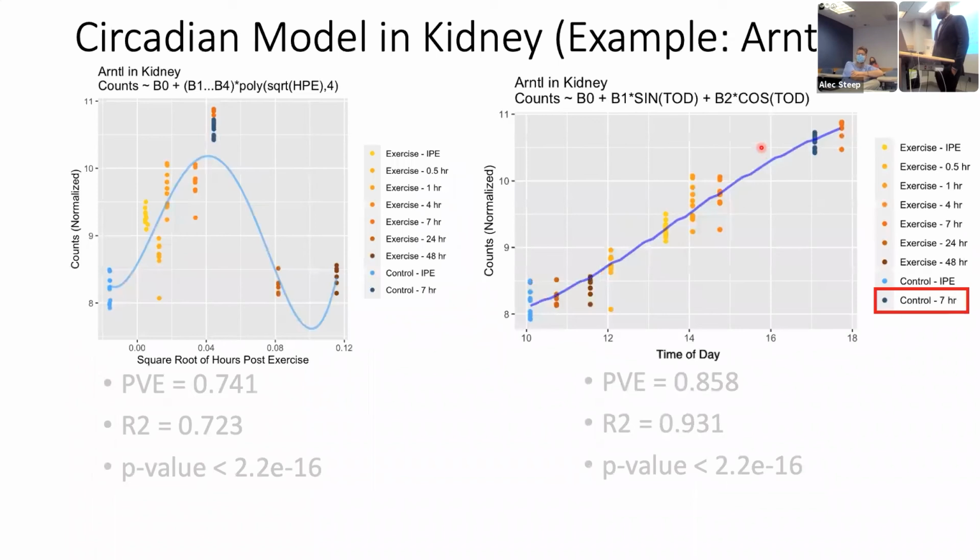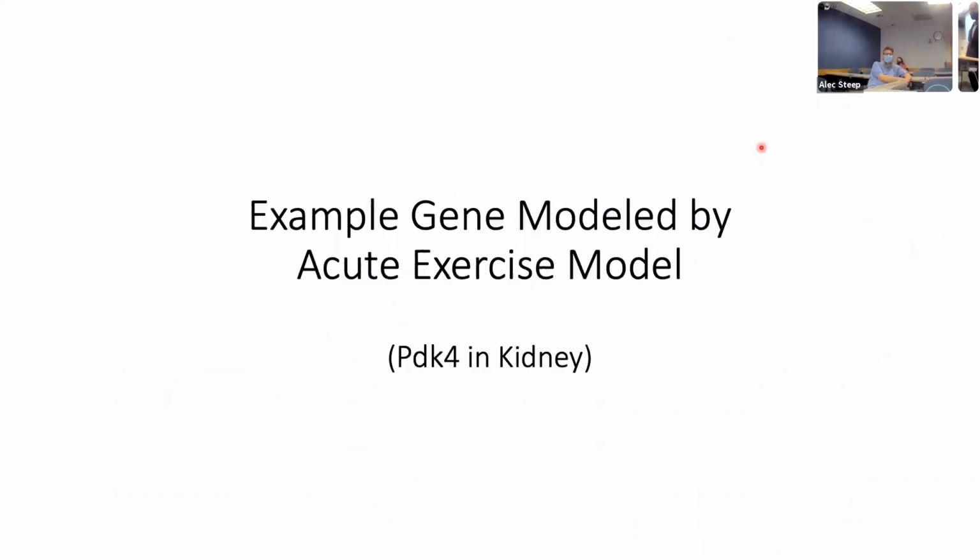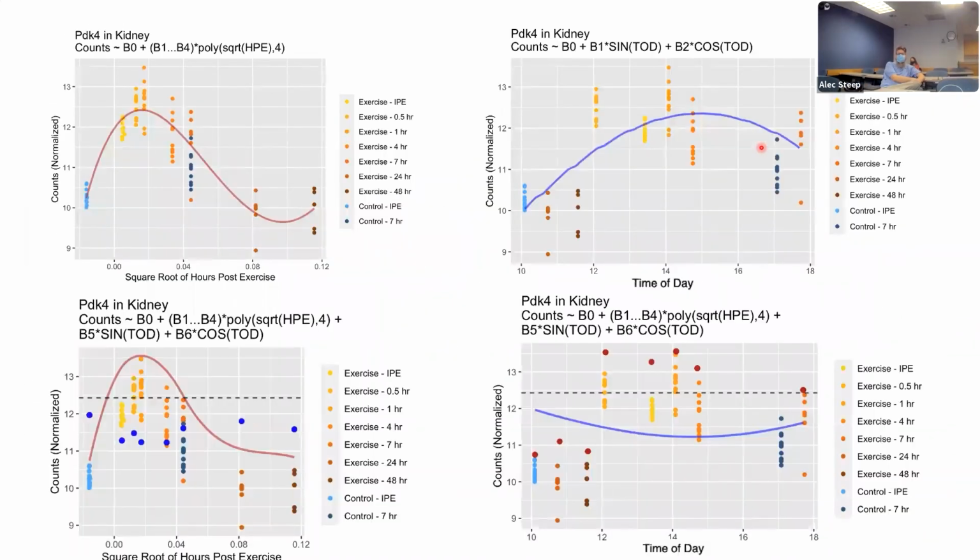But then when we combine models, what we see is that really the acute exercise response takes over. That said, it seems to have a minor influence from circadian rhythm.